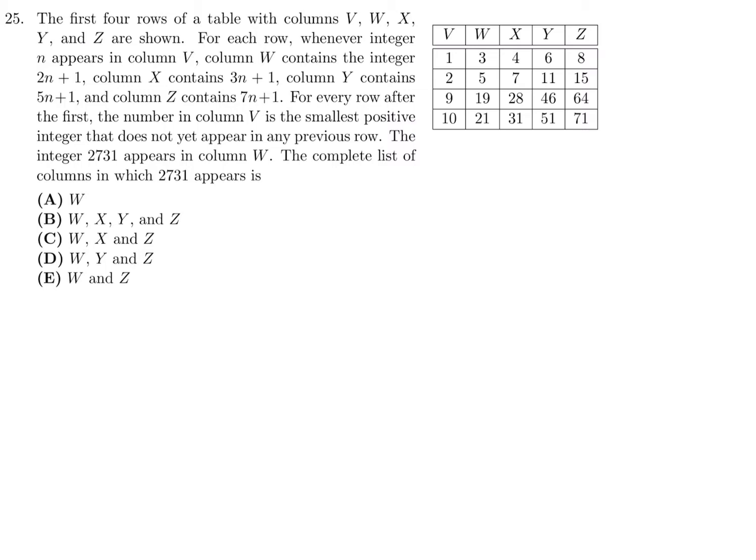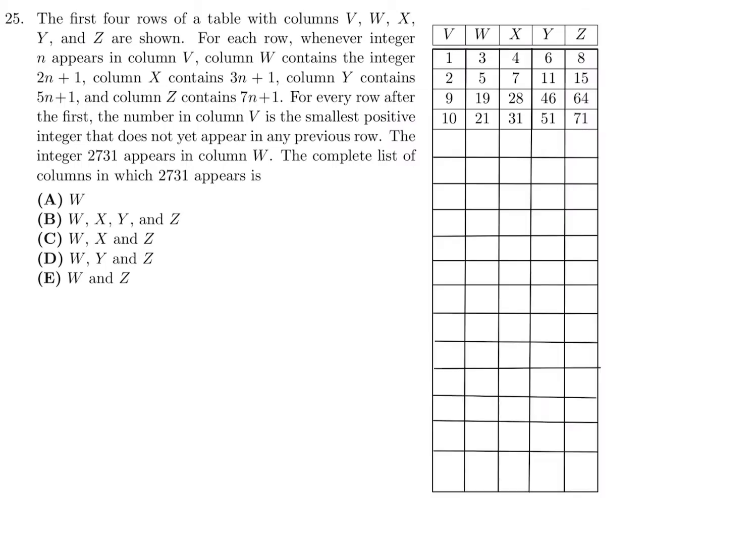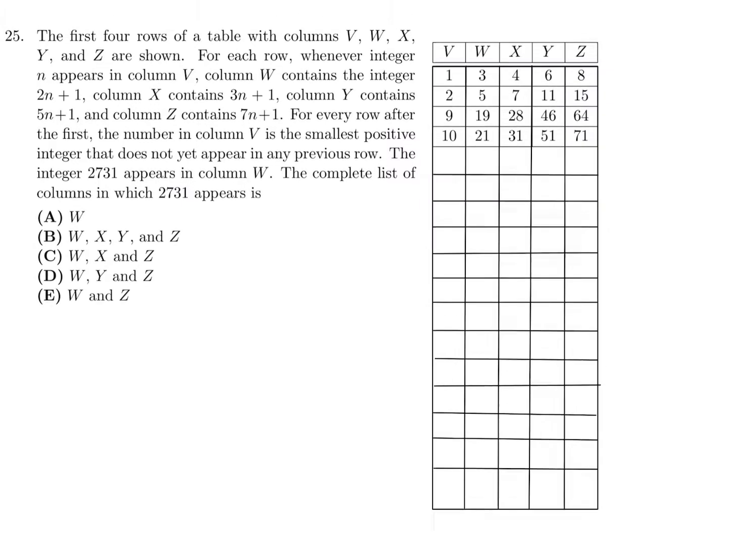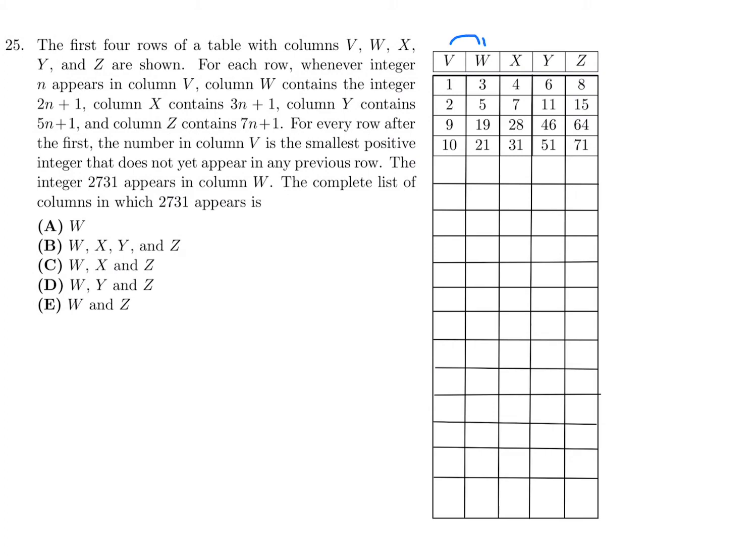Alright, so the first thing I'm going to do is extrapolate this a little bit. I'm going to extend this and see what happens. Let's get the hang of this. Let's see what's happening here. So, as they explained, when you're going from V to W, you basically are doing a 2n plus 1. And then when you're going from V to X, you're doing a 3n plus 1.